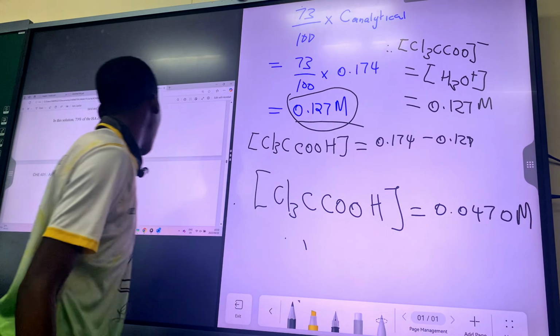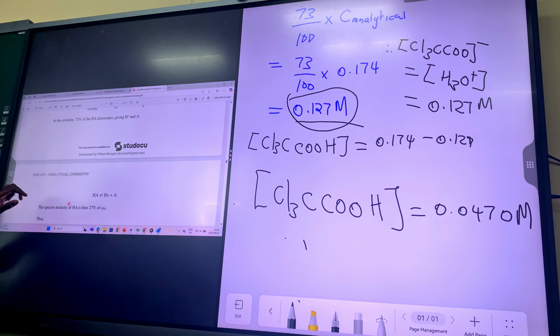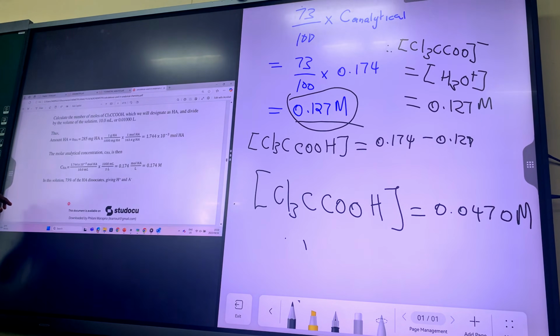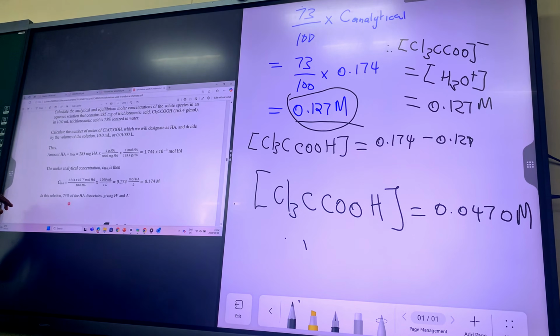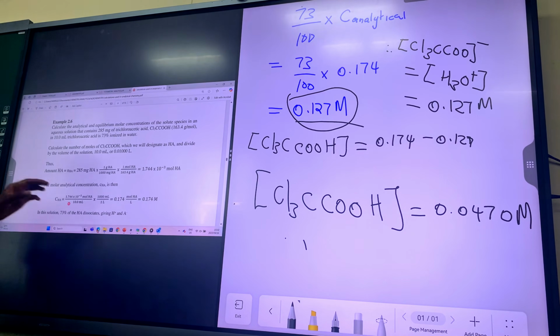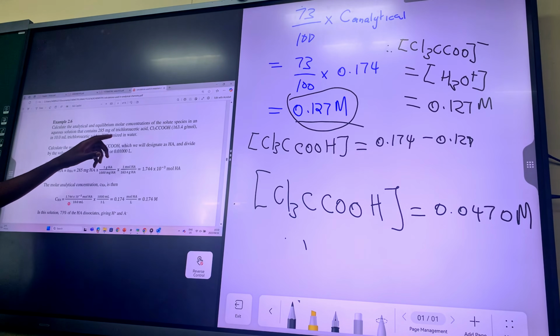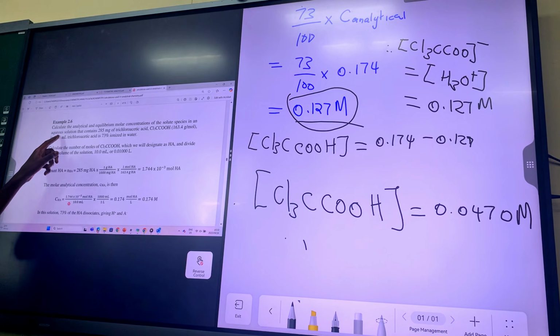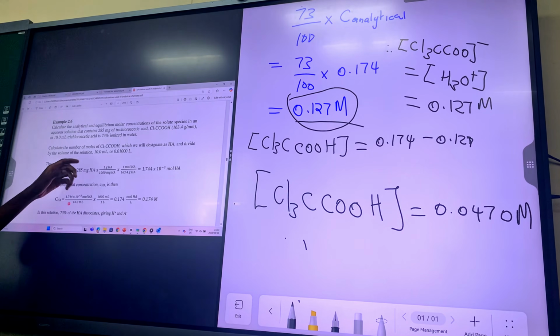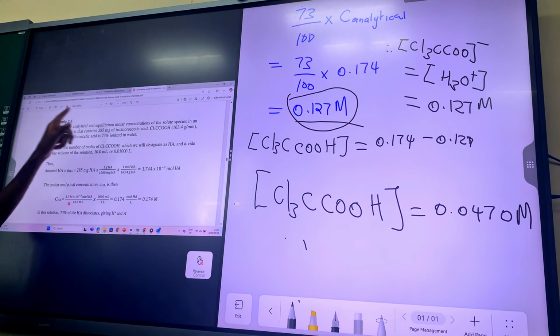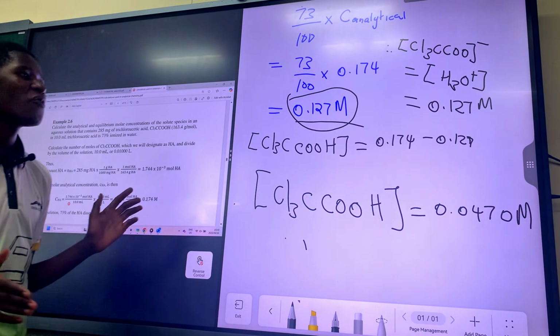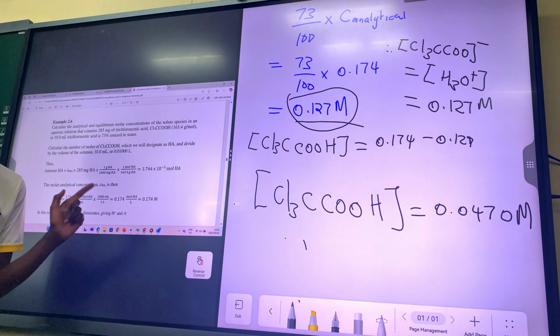Let's look at what we were given in terms of significant figures. We were given a mass with 3 digits, this is 1, 2, 3. Molar mass, we don't consider it. Volume had 3 digits, 1, 2, 3. So all our answers must have 3 digits. Obviously, when you are combining two things that have 3 digits each, they need to give you the same. Don't mind the molar mass in this.